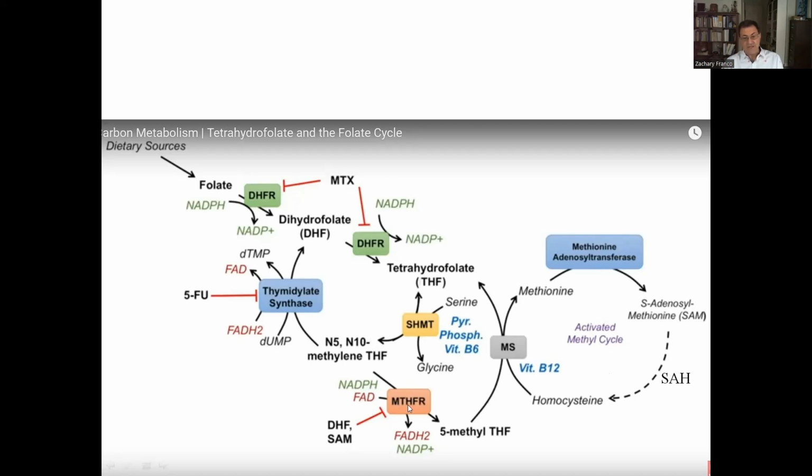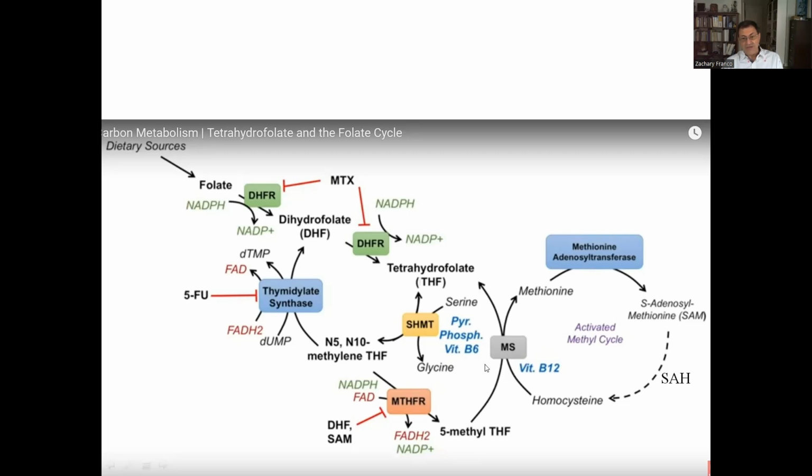And this gene has variants also. Let's see what happens if this gene works a lot. Then it produces more of this 5-methyl, just regular methyl tetrahydrofolate.